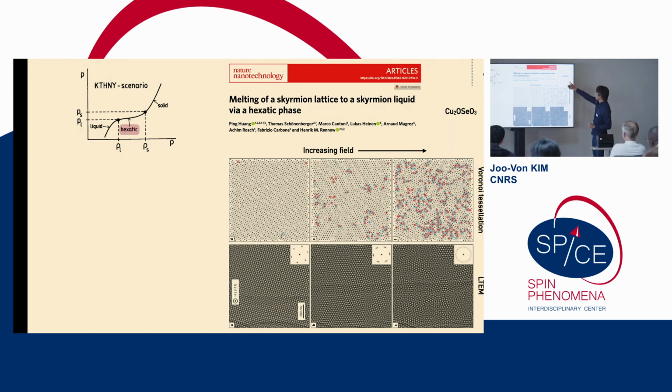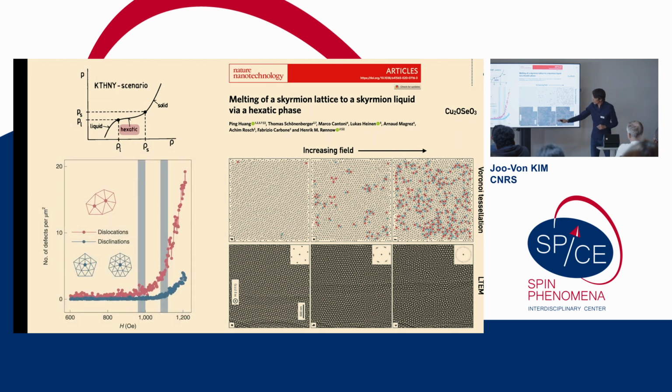This is in this copper selenium oxide material where you can see, as a function of increasing field, these Lorentz TEM images of a very ordered skyrmion lattice structure that begins to melt. And on top here is this Voronoi tessellation construction where you just pull out the positions of all these skyrmion cores. These little colored cells that you see are precisely these defects that I talked about on the previous slide.